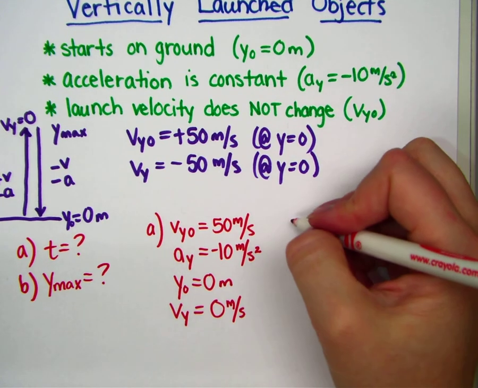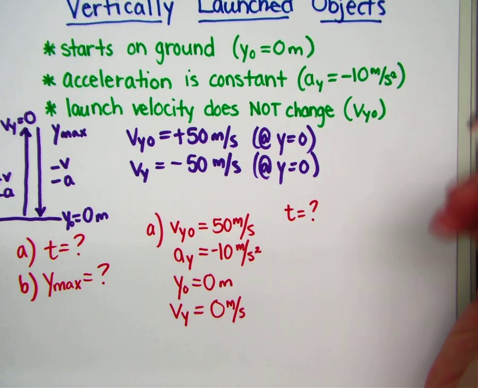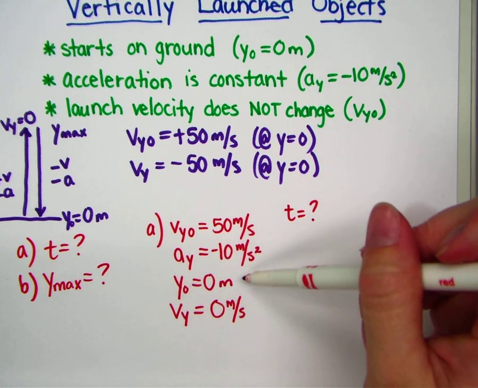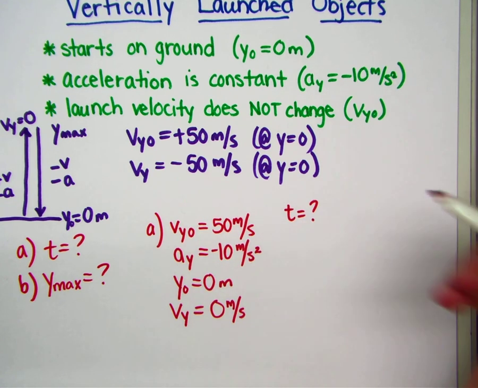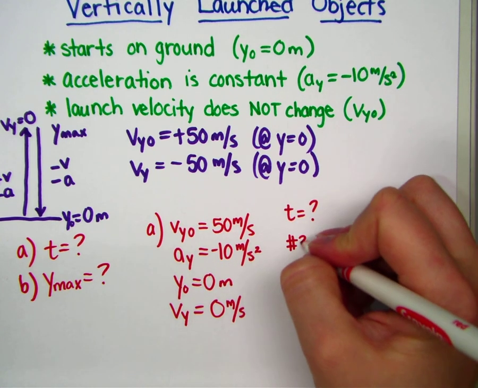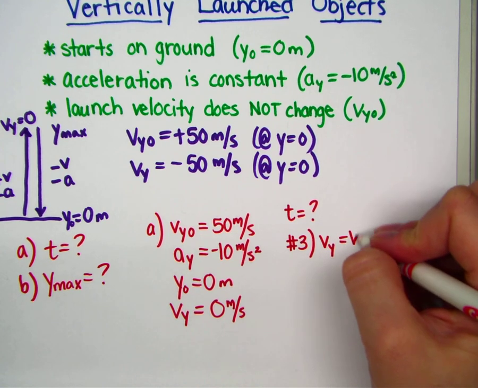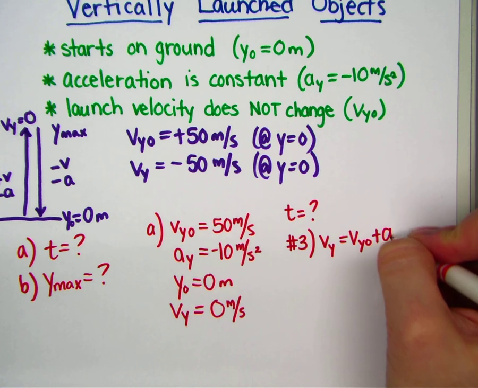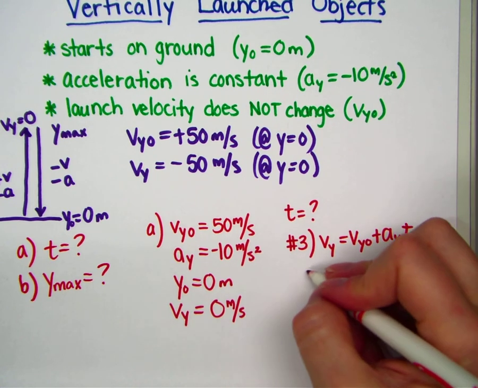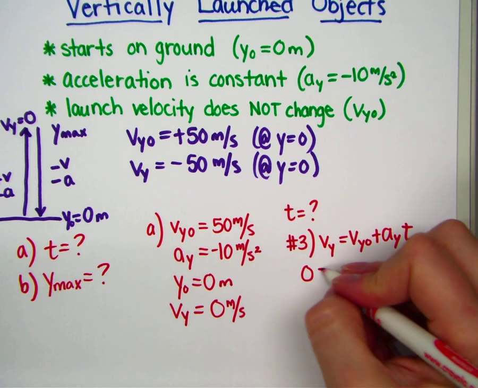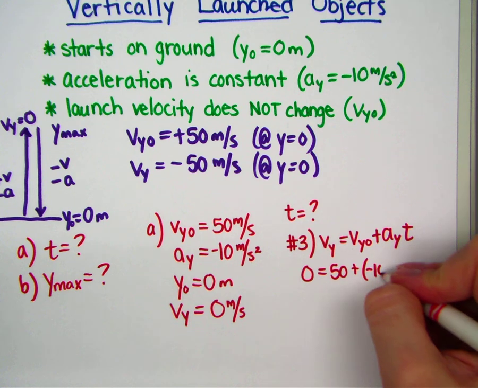So if I'm looking for the time it takes to reach that, I'm not going to need the position that I have, right? I'm only going to use the velocities and the acceleration. We're going to use equation number 3. Okay, plugging in the values that you are given and leaving the variable for what you are solving.